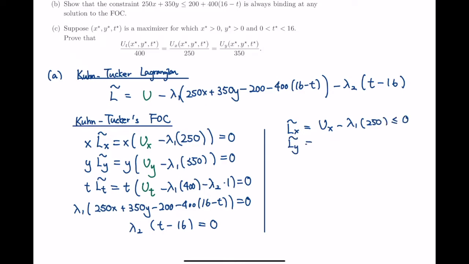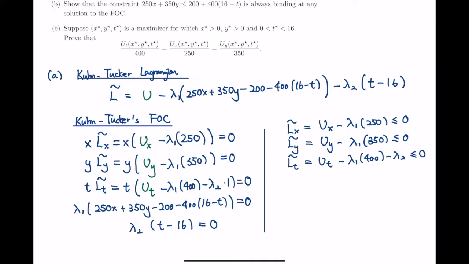L tilde y, which we calculated here, is uy minus lambda 1 times 350, less than or equal to 0. And L tilde t is ut minus lambda 1 times 400 and then minus lambda 2, less than or equal to 0.